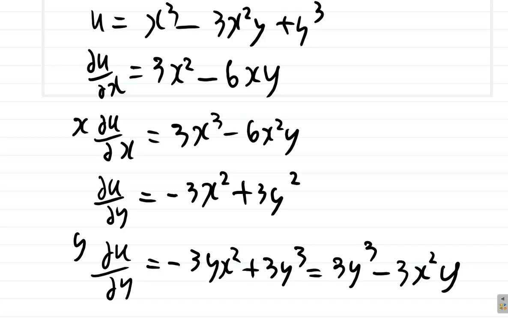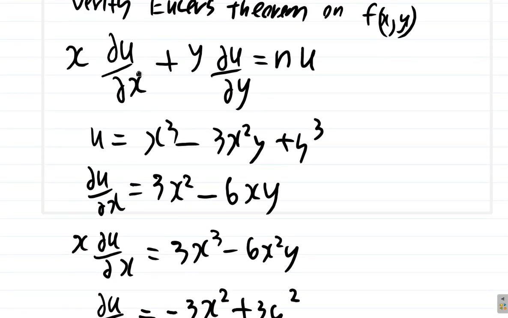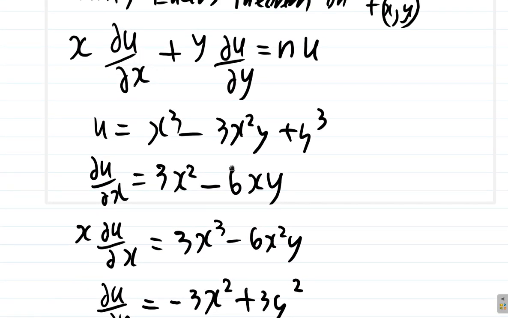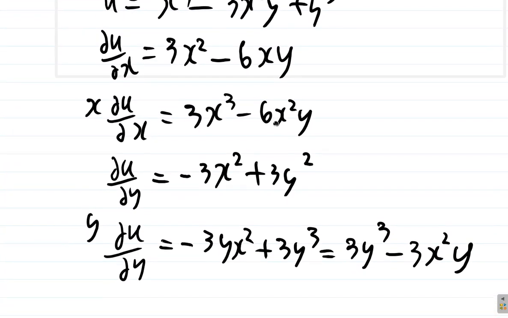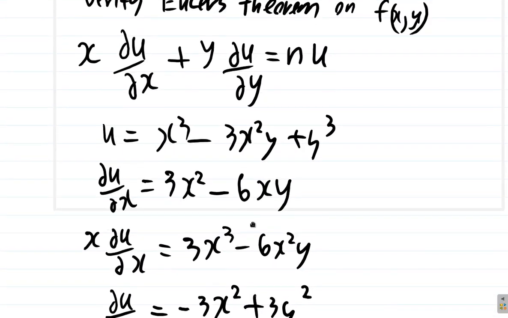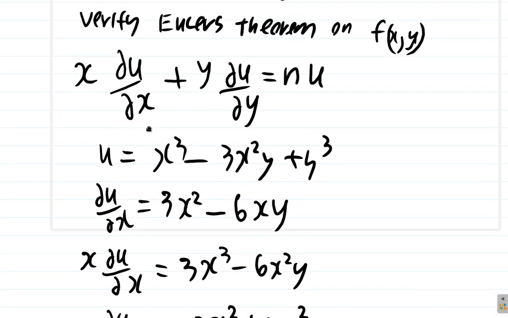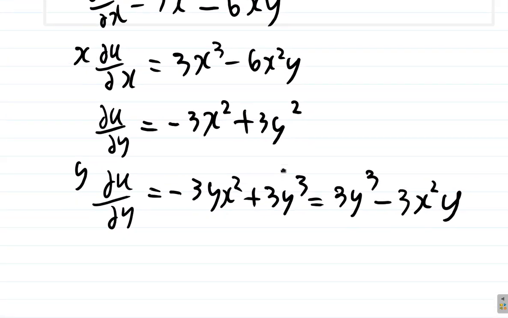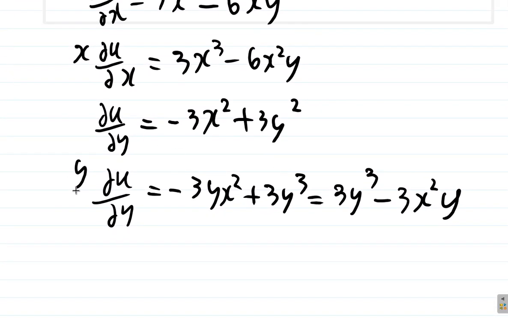Now we're going to add them. X delta u by delta x plus y delta u by delta y. That's what I should say. Let me rewrite that.